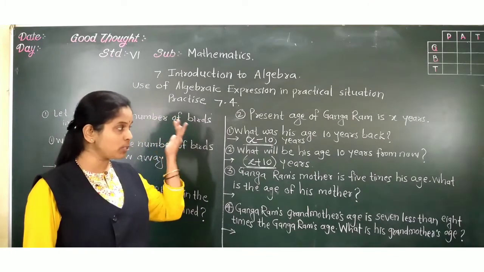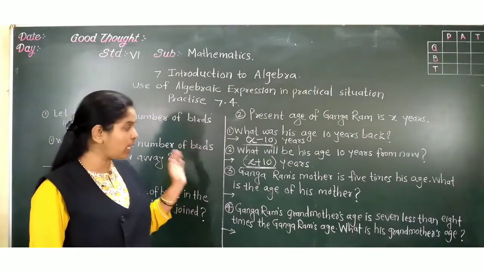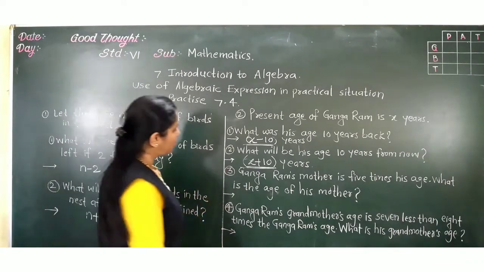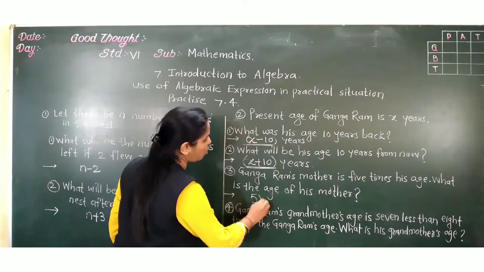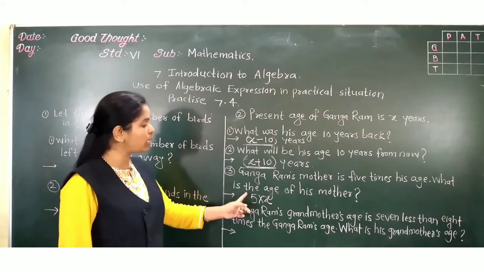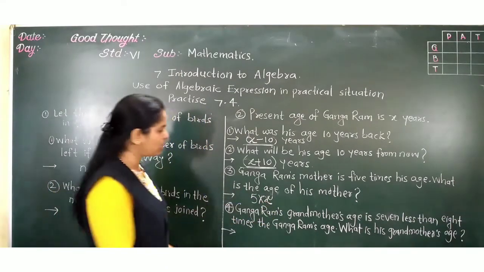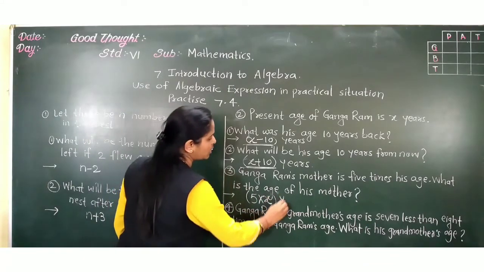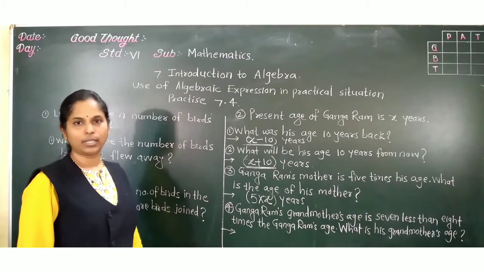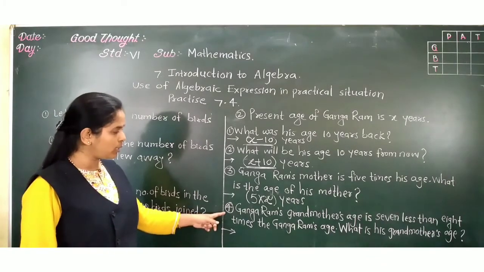What is the age of his mother? Her mother is 5 times Gangaram's present age, which is x. So his mother's age will be 5x, 5 times x years. Okay. Are you getting it?